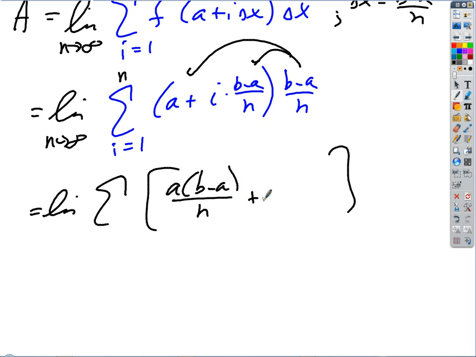Plus b minus a quantity squared over n squared, everybody with that, times i, as i goes from 1 to n.